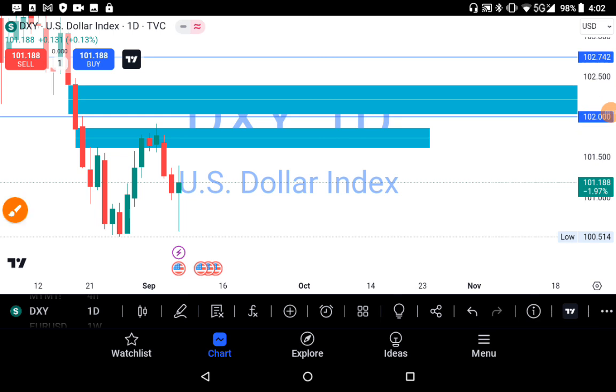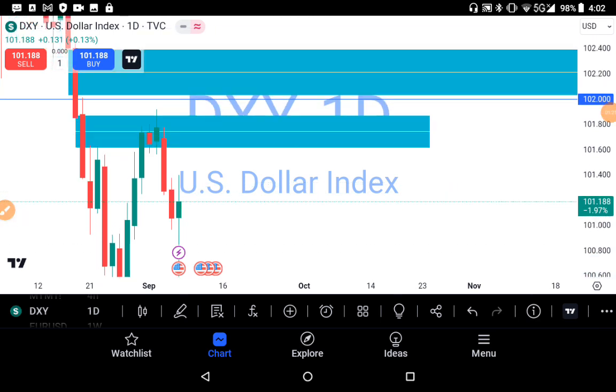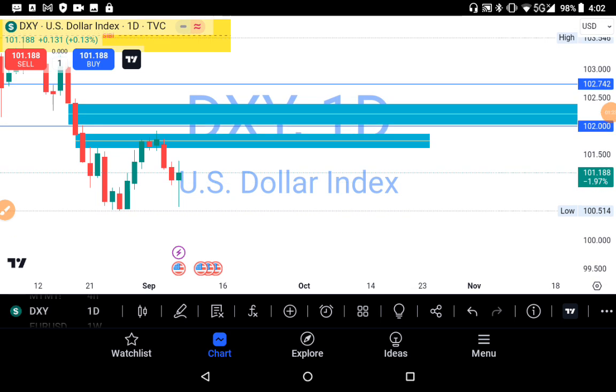Now, the coming week, I'll be expecting a movement, because this CB here held the price, and the market price finds a kind of resistance and it drops. When it drops, it was unable to take out this low, the low at 100.514.